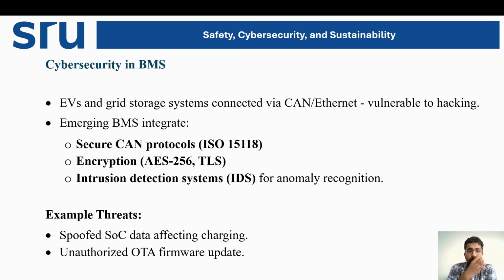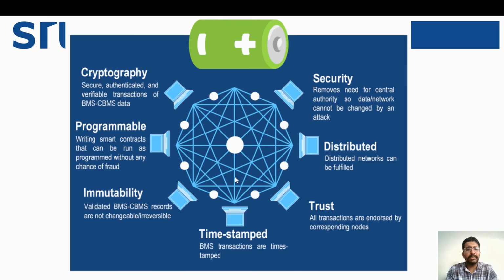So secure CAN protocols like ISO 15118, then encryption, then intrusion detection systems for anomaly recognition are there. Example threats are spoofing, like spoofed SOC, so misinformation can be passed, data regarding charging, then unauthorized OTA firmware updates can be done. So these are things that need to be taken care of.